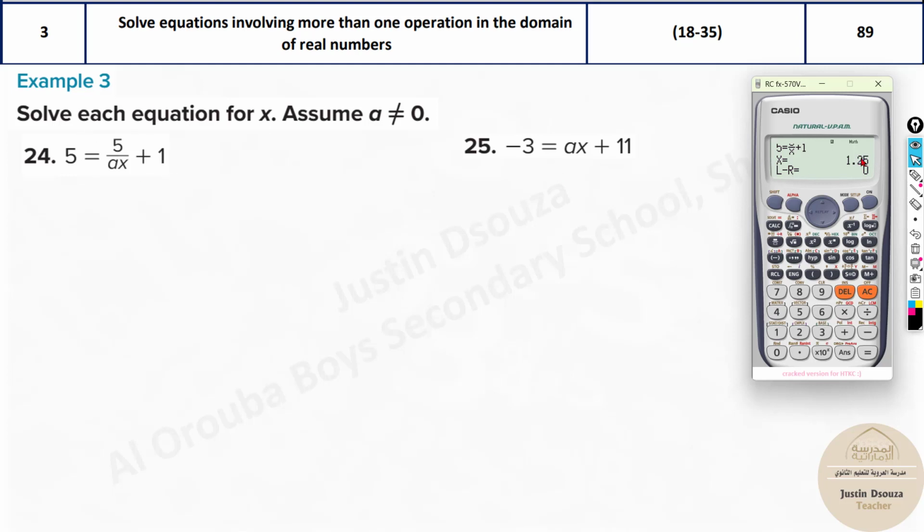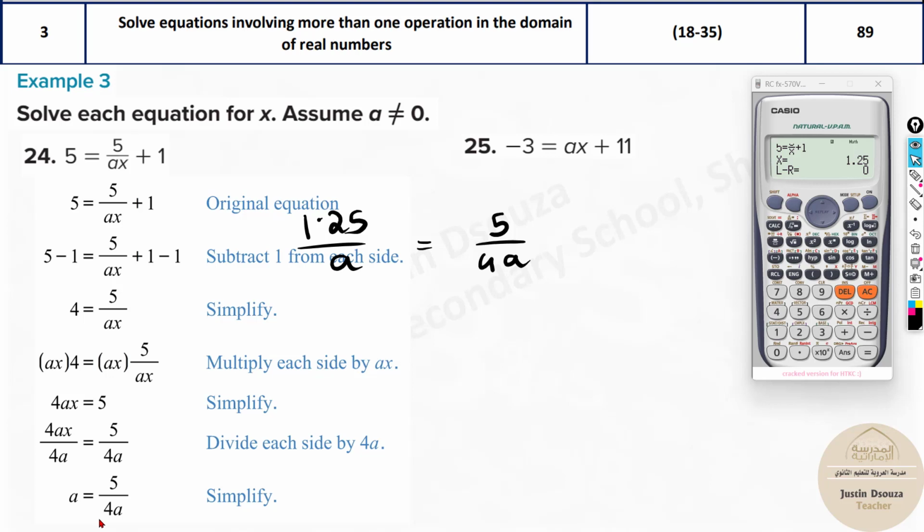Now it will be 1.25 divided by a, because whatever x is there, it's the ax value. You can write it like this, 1.25 by a, or we know 1.25 is 5 by 4, divided by a. A must be in the denominator whatsoever. So here you can see 5 by 4a, because 1.25 is 5 by 4.